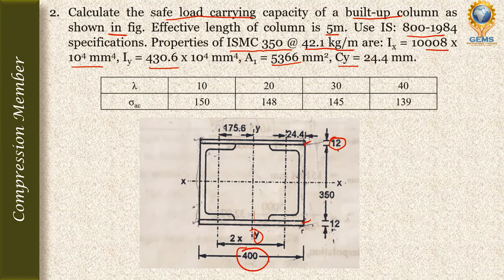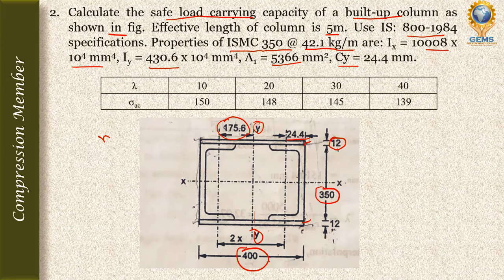The distance h, the distance from the centroid of the channel to the y-axis, is 175.6 mm. And the Cy distance comes from the end to the centroid distance, that is 24.4 mm. And the height of the channel section is 350.